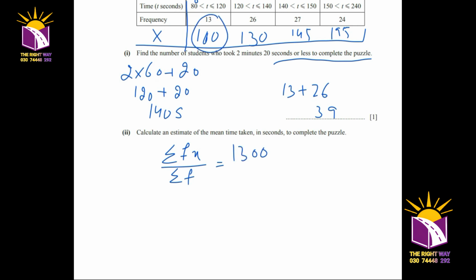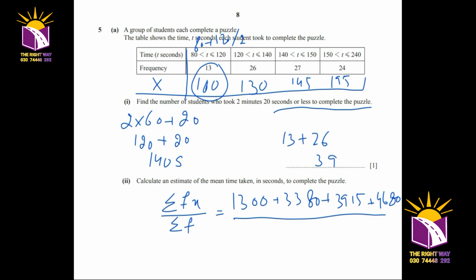F multiplied by x: 26 into 130 will be equal to 3380. 27 into 145 will be equal to 3915. 24 into 195 will be equal to 4680.